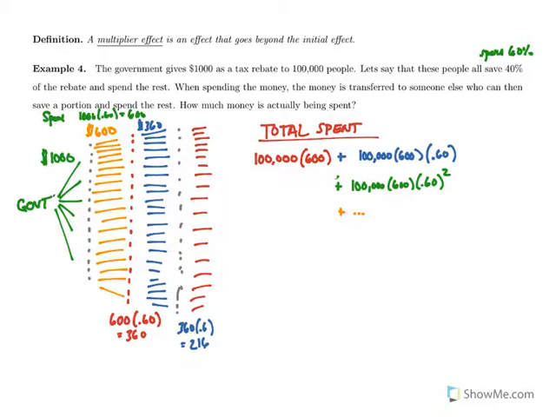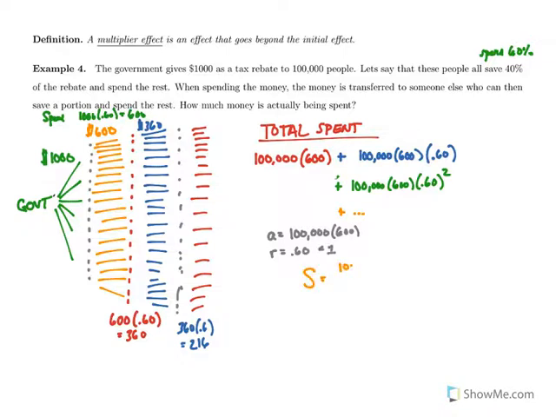So we think about how much money is being spent. This is a geometric series with A equal to $100,000 times 0.6. R here is 0.60. And since this is less than 1, we have our infinite geometric series.